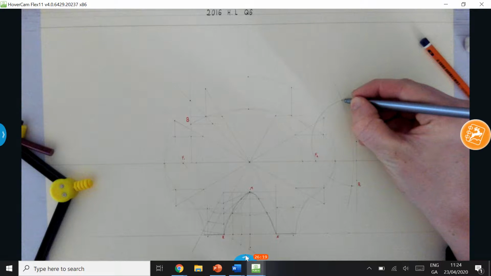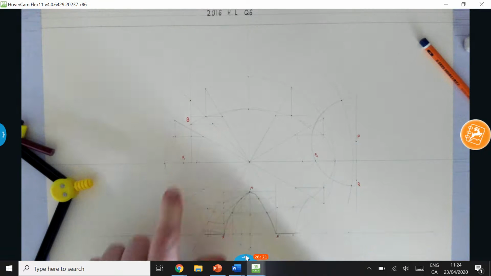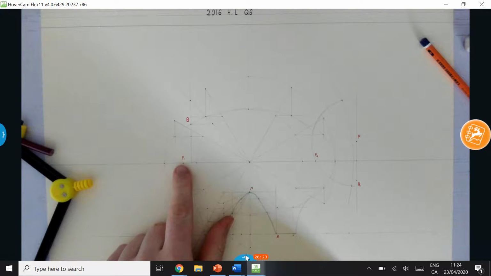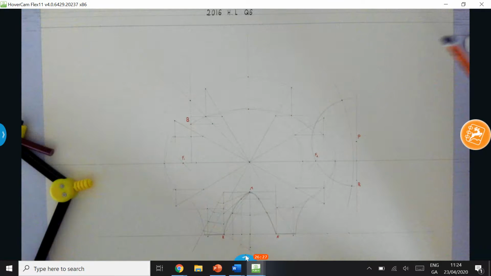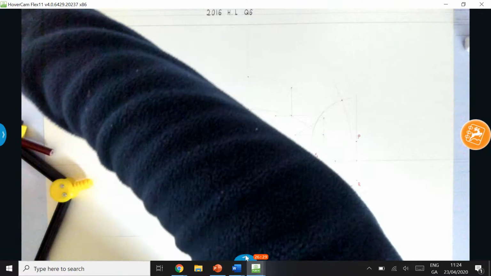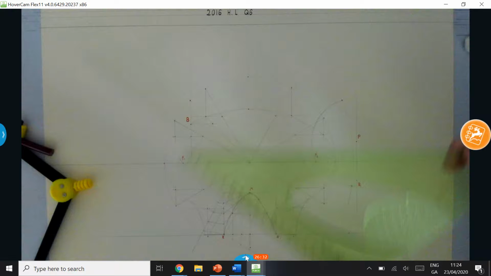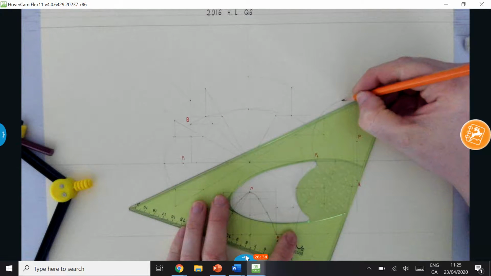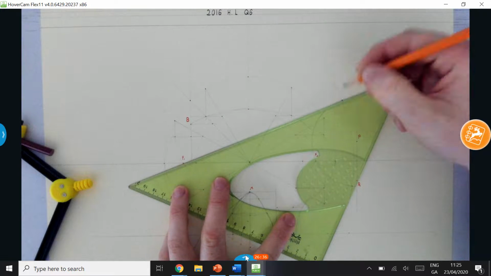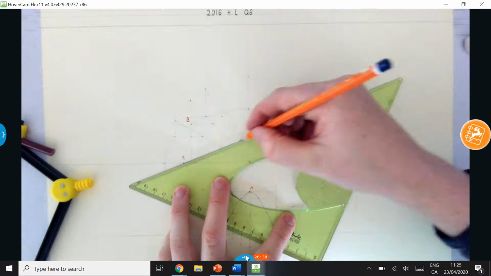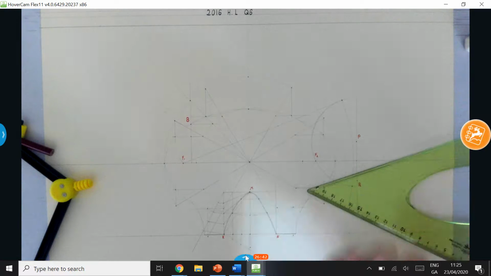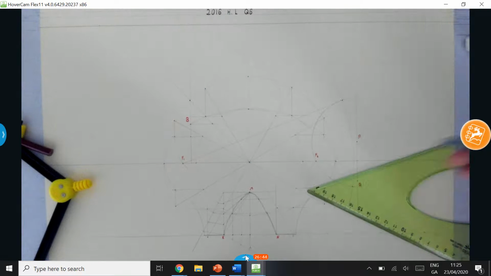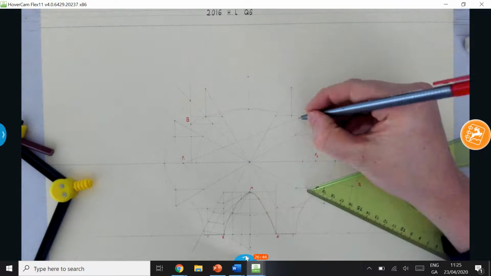and this point here. And from F1 now, we're going to join F1 to the top point with a construction line, and that is going to cut our ellipse at this point here.